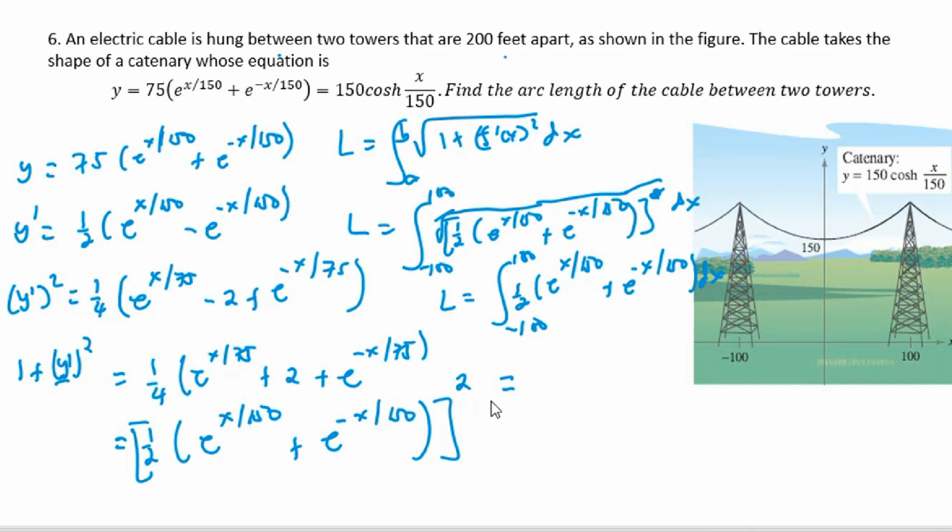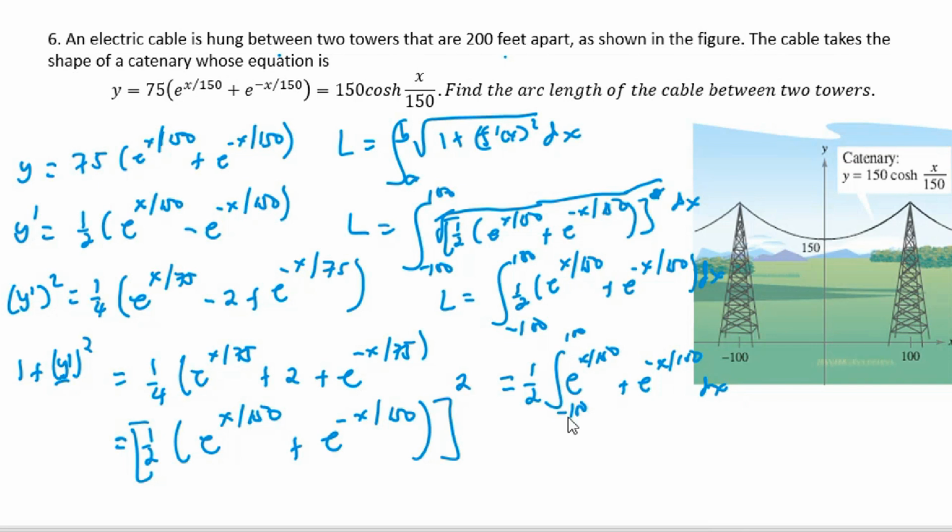I'll put 1/2 outside the integral sign, so we have 1/2 times the integral of e raised to x over 150 plus e raised to negative x over 150, dx, from negative 100 to 100.